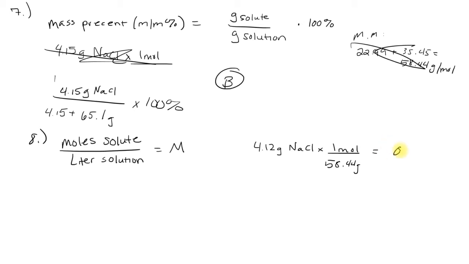And so it's 0.0705 moles of solute. And it's still 65.1 grams of water. And they give us the density now, and I'm going to guess that's because I have mass and I need to get to volume. That's usually the case. So 65.1 grams of water, and we're going to convert that using the density provided.